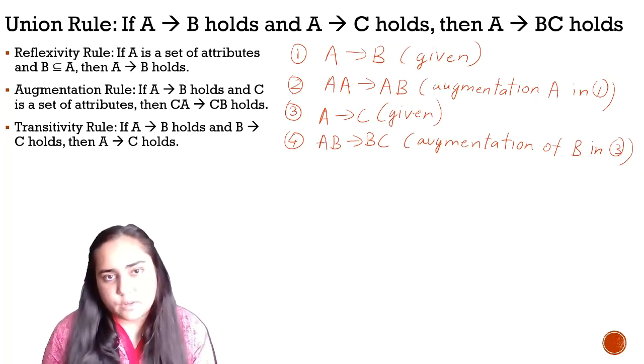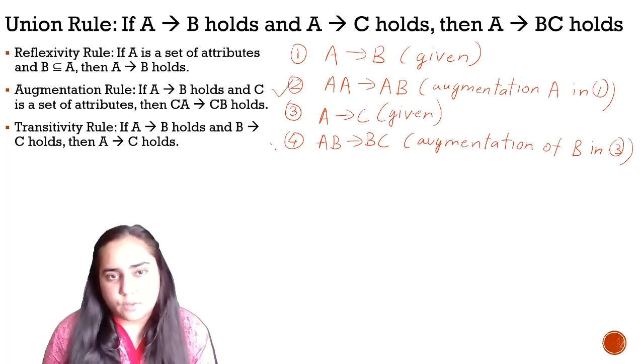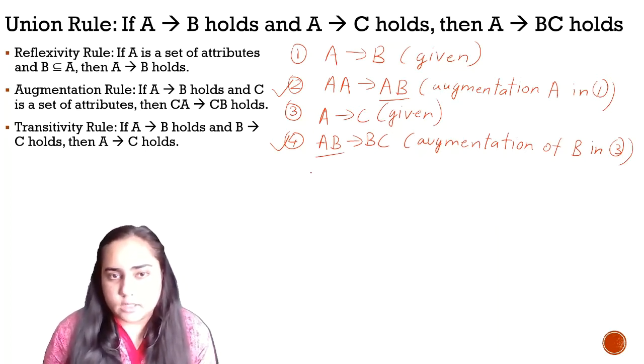And now if you look at the second rule and the third and the fourth one that I've derived, you can see here this is AB and this is also AB, which means I can indeed apply the third rule, which is transitivity, because my right side here is similar to the left side here.